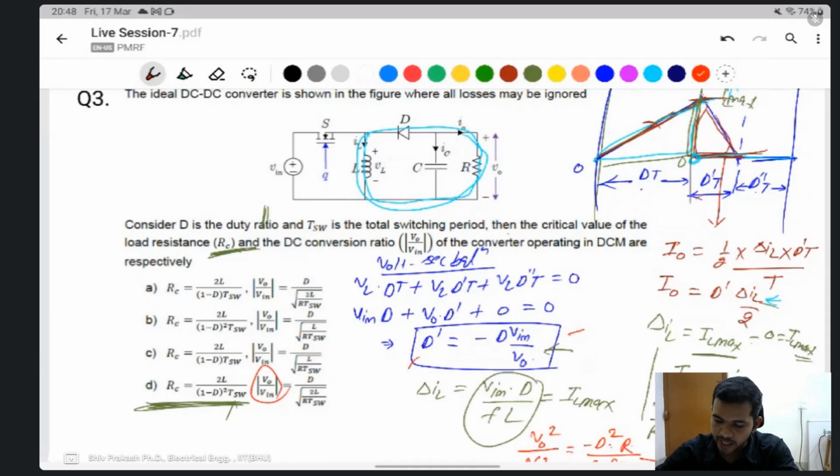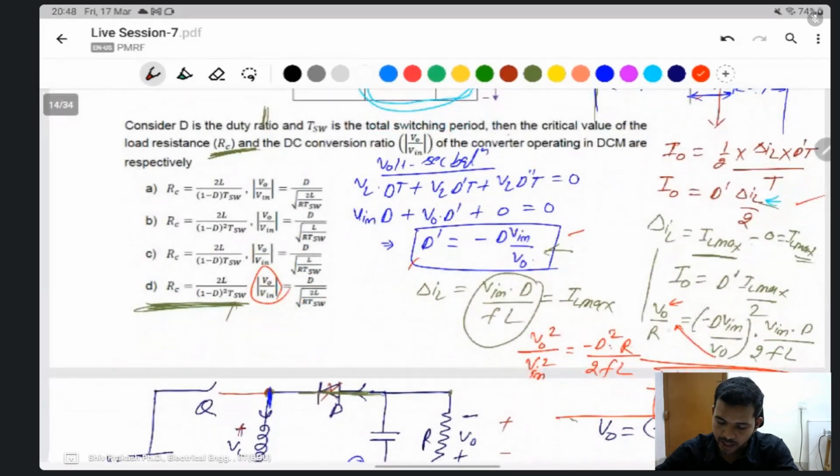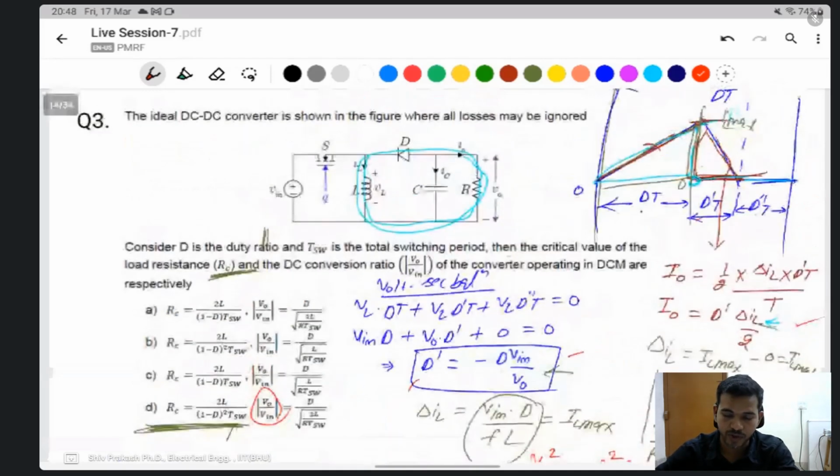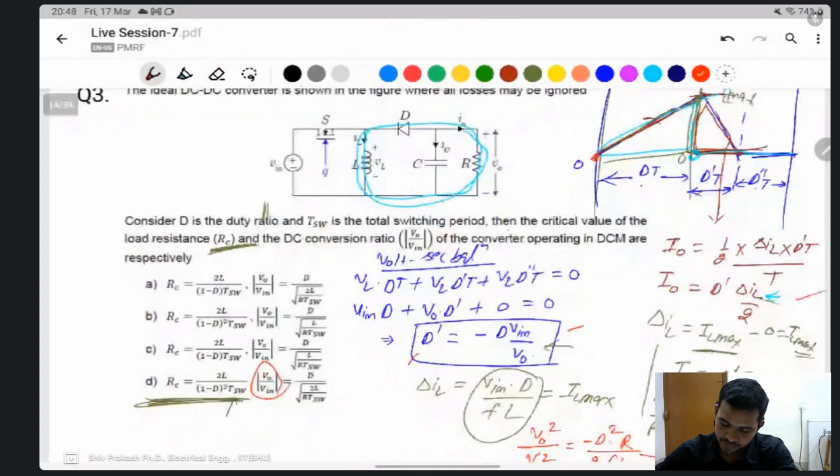The area of a triangle is half base times height, divided by the total time period. You find I naught is V naught by R, and delta IL is the same as IL maximum. In discontinuous conduction or in boundary condition also, delta IL is the same as the IL maximum, because we are starting from 0 to IL max.